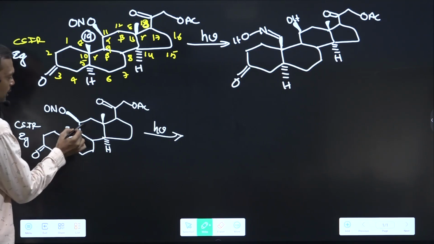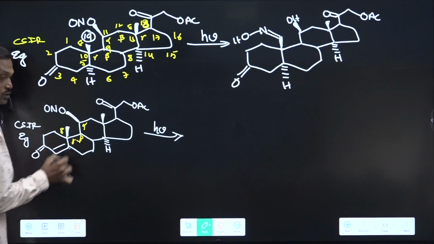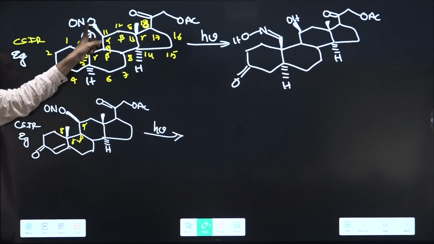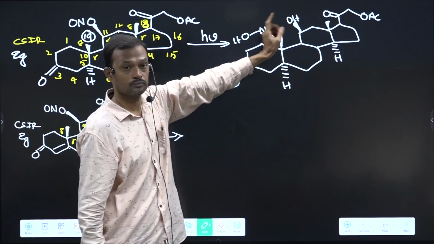So now this is predominant or not, alpha, beta, gamma, delta. First what happens? Delta hydrogen migrates from here to here. Then this becomes alcohol or not? Similarly, here also this nitrate becomes alcohol.